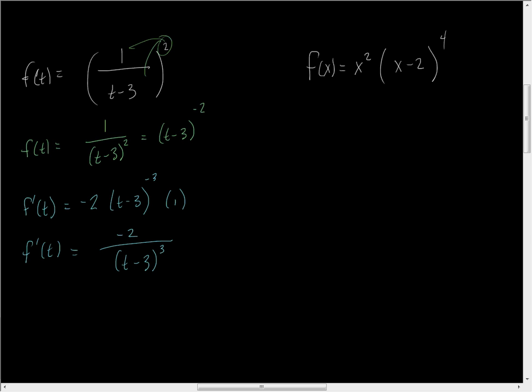For the next one, be very, very cautious. There's a combination happening here. You in fact have a function here and a function here. Now you're multiplying those functions, so you have to invoke the product rule. You take the derivative of the first times the second.